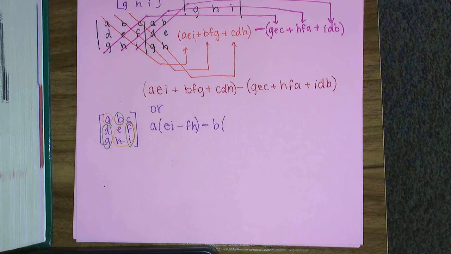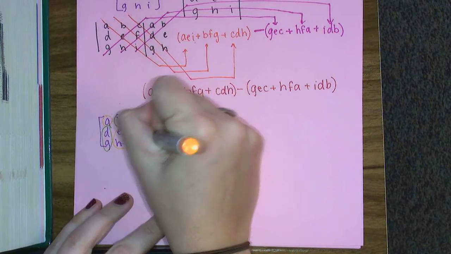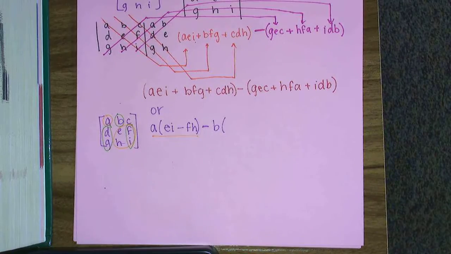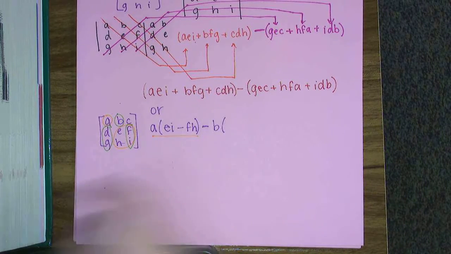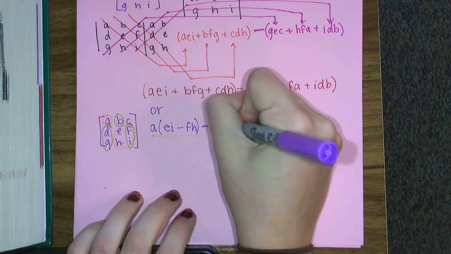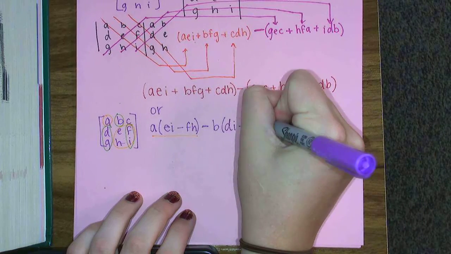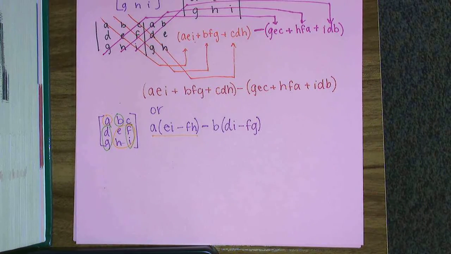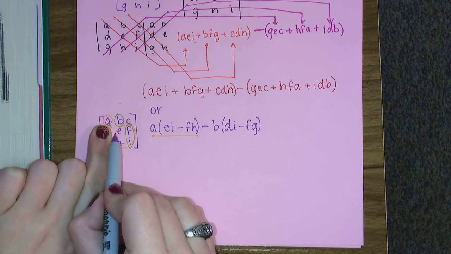DGFI. I guess I should have done this in colors probably. This is the stuff that's in orange right there. So it's B times D times I minus F times G. So I covered these up: EI minus FH.